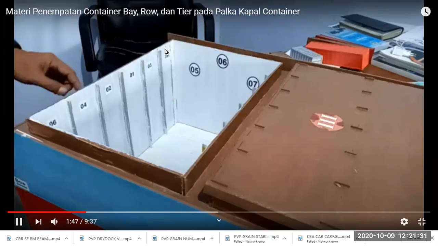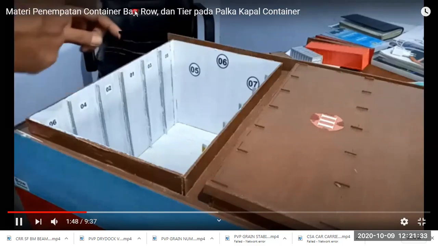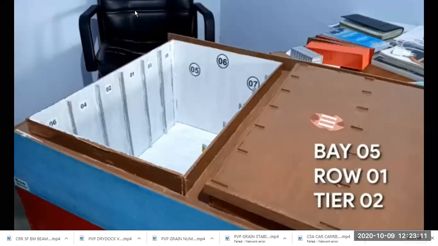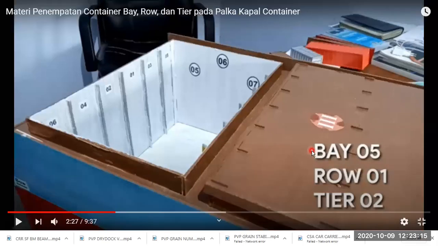So let's see, if we place a container, then how to do that. So we have to place a container. Now if we have the container number, we have to put in bay number 5. That means it's a 20-foot container. We have to put in first row, row number 01, and tier 02. So let's see where we will place this container.